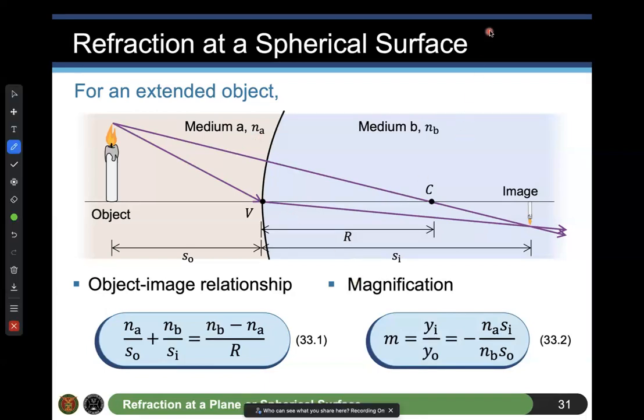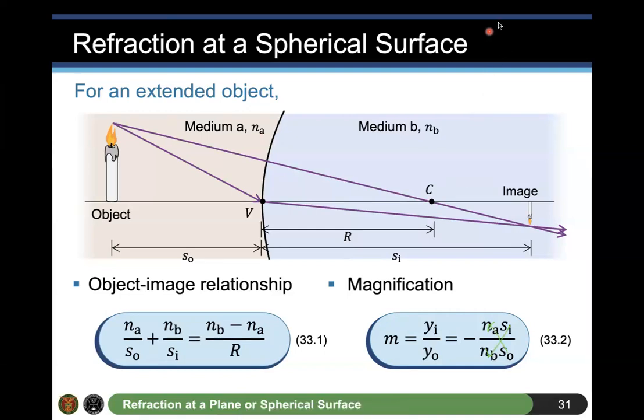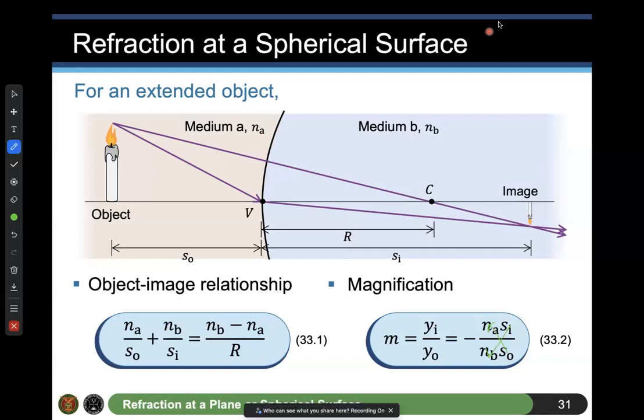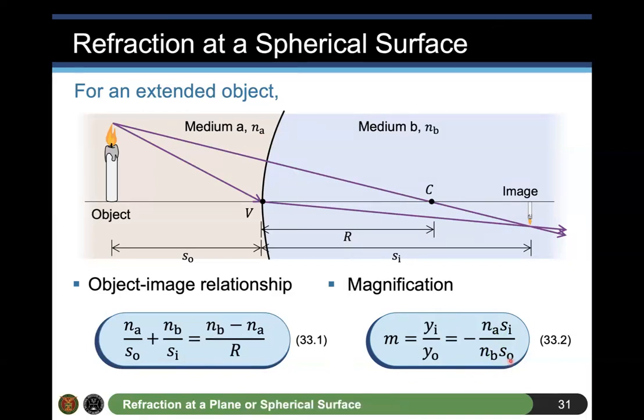Okay? So take note, yung SO, yung object distance, is situated on the first medium NA, and yung image distance is situated on the second medium NB. Okay. So yun lang yung kailangan nyo matandaan. So since bibigay naman namin yung equations, alamin nyo lang ano yung NA, ano yung NB, ano yung SI, SO. So SO usually nasa NA, NB usually nasa SI. Okay?